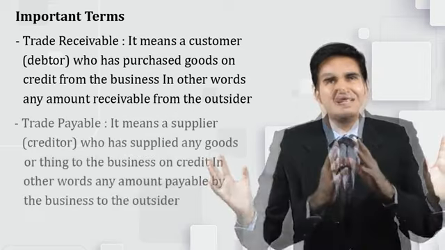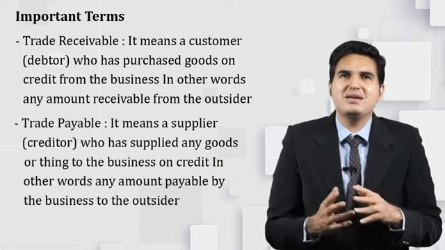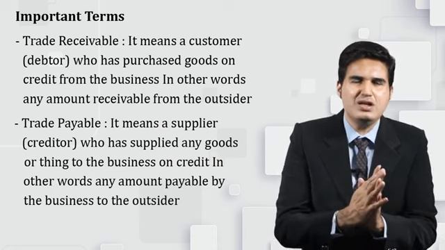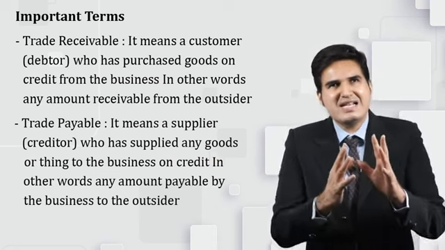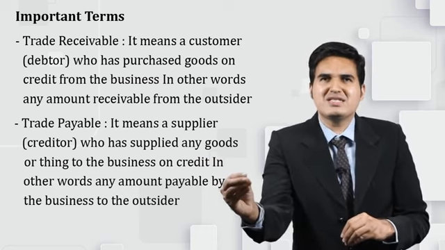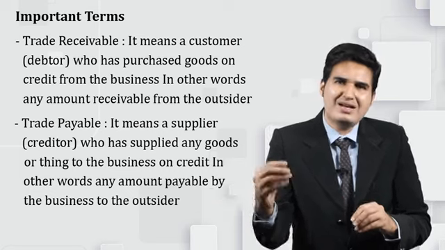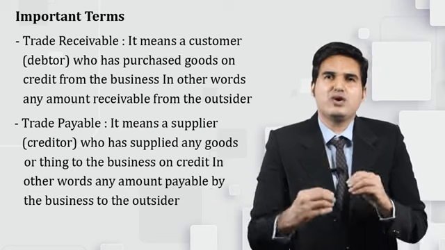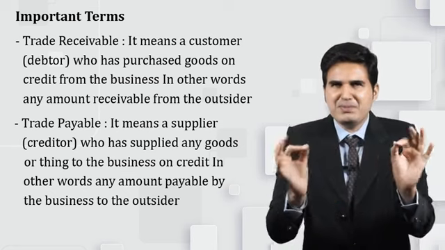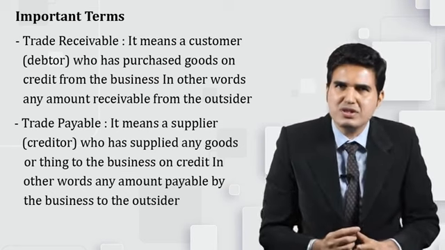Trade payables. It means nothing but the supplier who has supplied the goods to the business organization on credit. So whenever we talk about trade receivable, in simple language, they are credit customers.